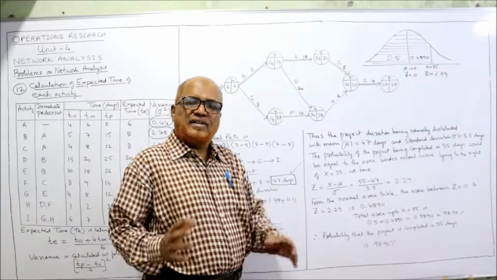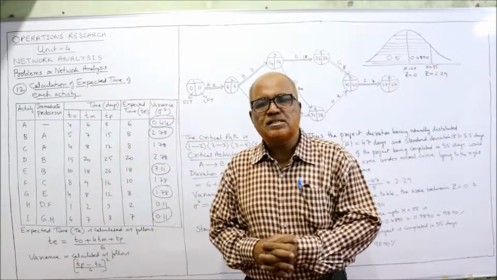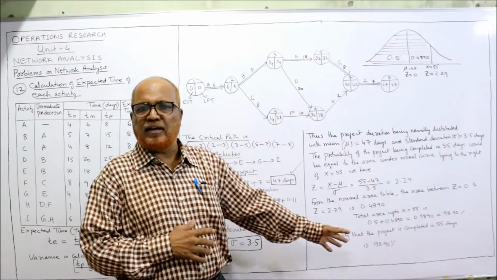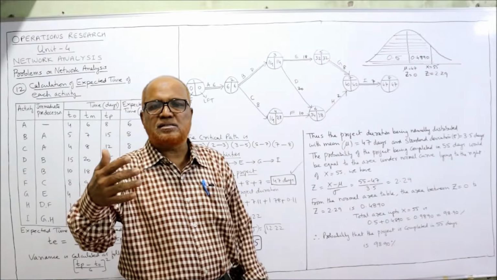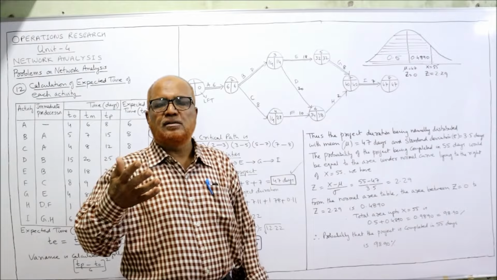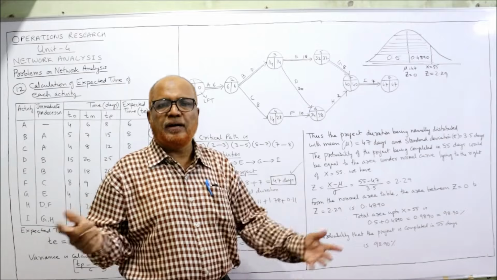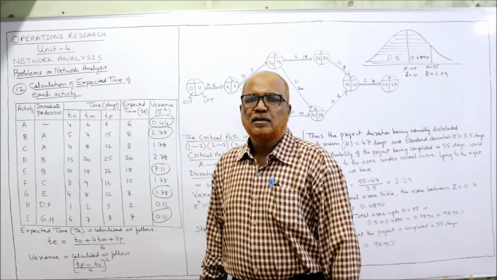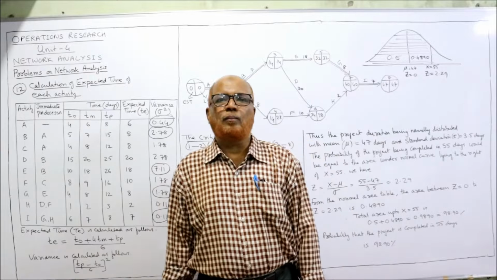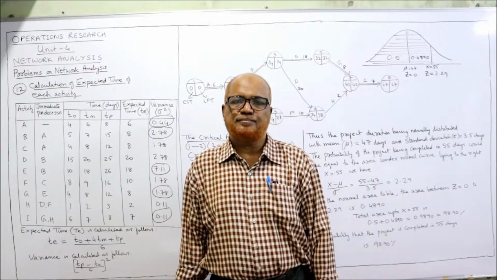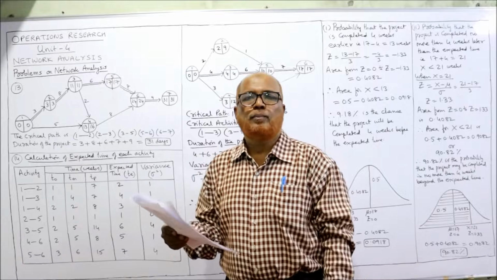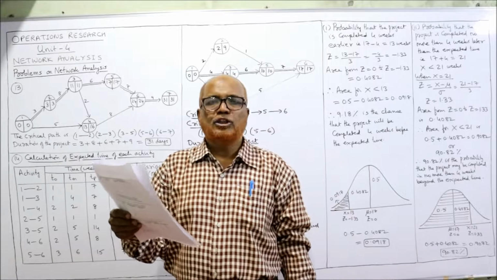That's all. At the first attempt itself, you may not understand the technique of finding the probability. Watch the video twice, thrice. Follow my words, then refer to the table value. Definitely you will be able to understand. So this is the end of problem number 12. Now we will start problem number 13. See the 13th problem carefully.